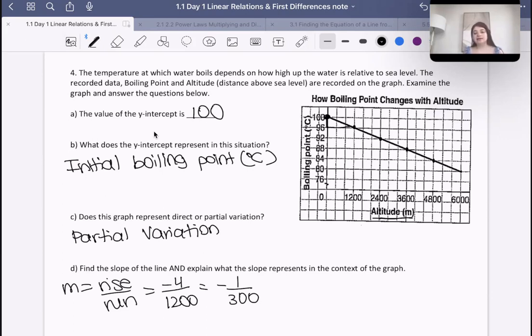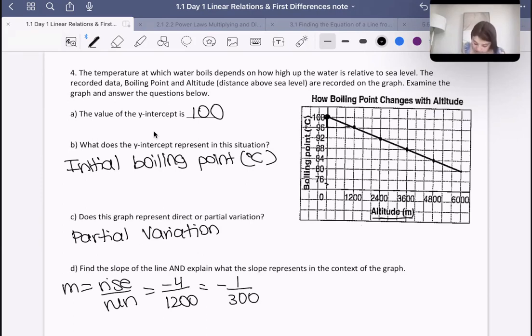It also asks, what does the slope represent in this situation? It represents the change in degrees Celsius per meter of altitude, so to speak. Let's consider that.